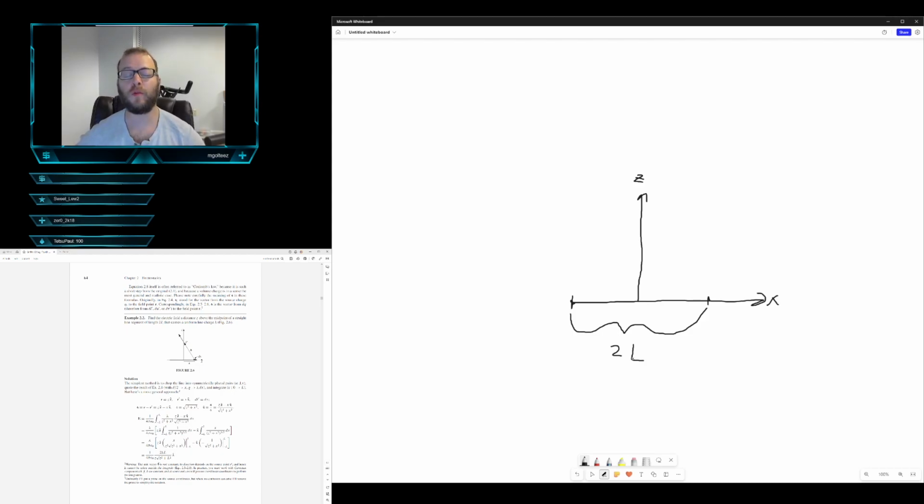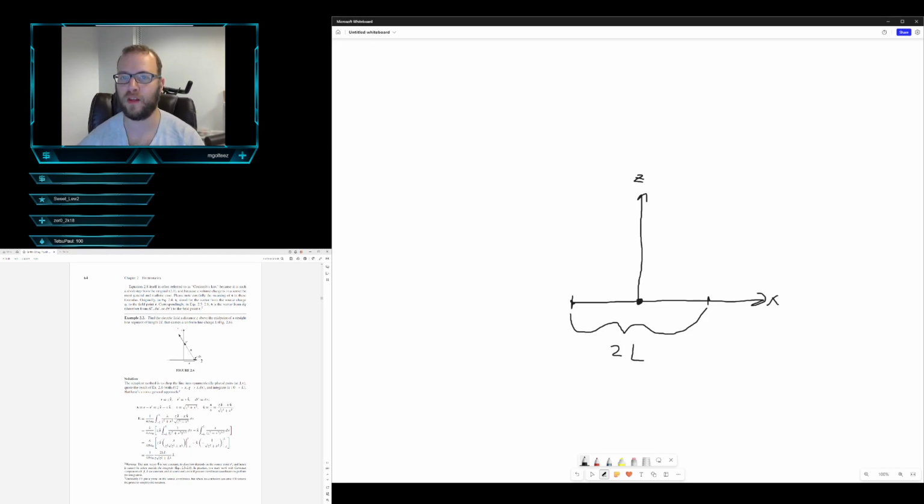So, first thing we want to do is define our origin. We want to define our source vector, our pointing vector, and our cursive r vector, as well as our dl. So first of all, if we define our origin as the middle of the line, then above the midpoint of a straight line segment.